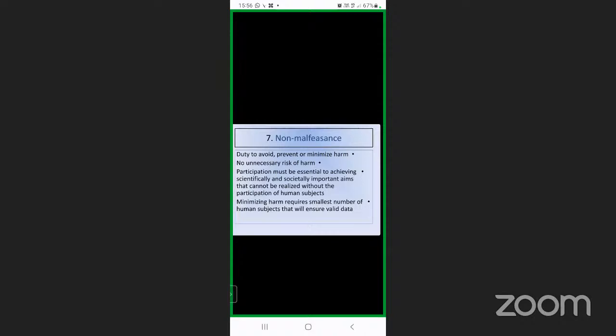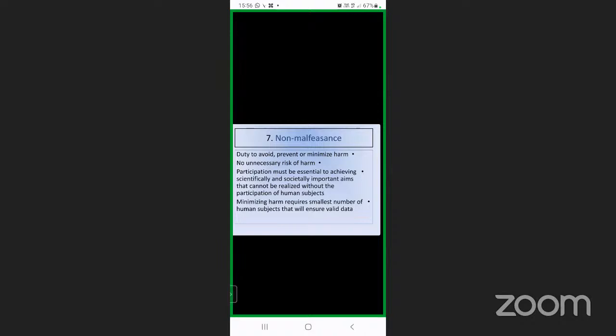Then participation must be essential to achieving scientifically and societally important aims that cannot be realized without the participation of human subjects. Okay.